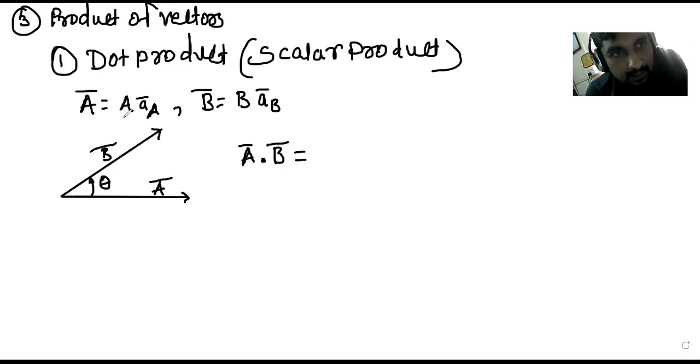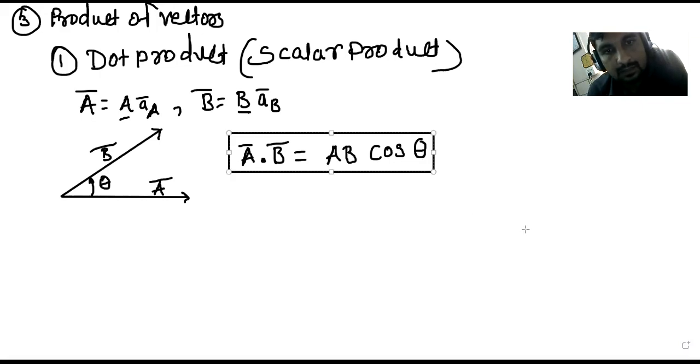Here A is the magnitude of vector A bar and B is the magnitude of vector B bar, so I can simply write AB multiplied by the cosine of the angle between them, cos theta. This is the final expression that we use as a dot product.